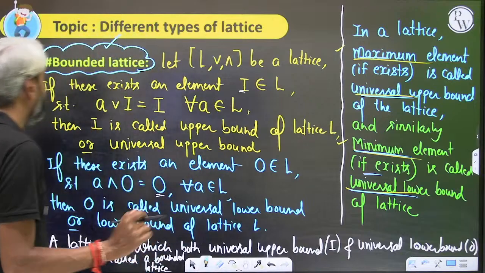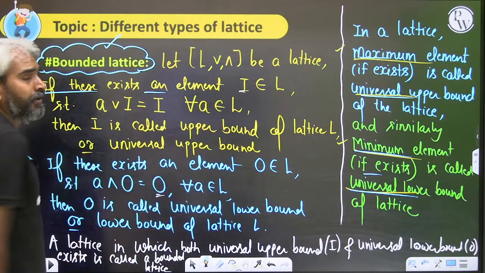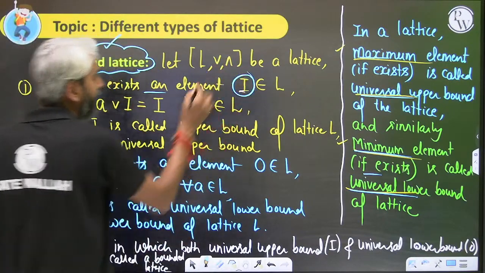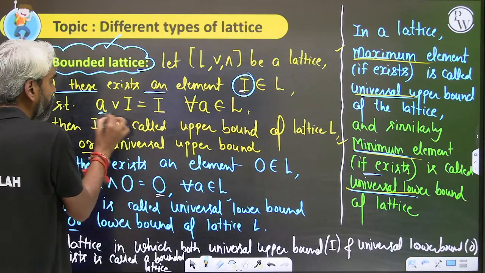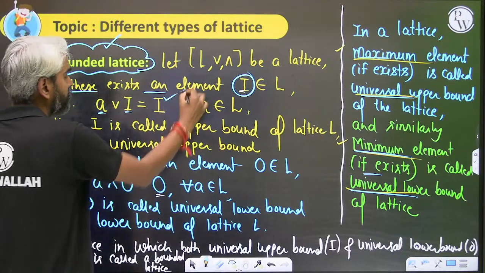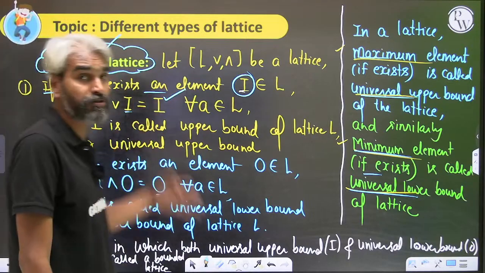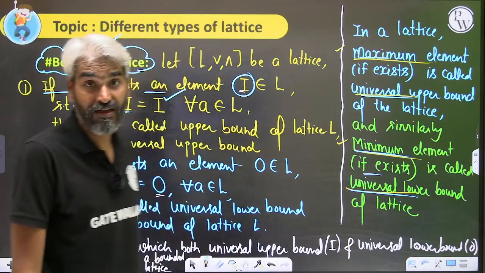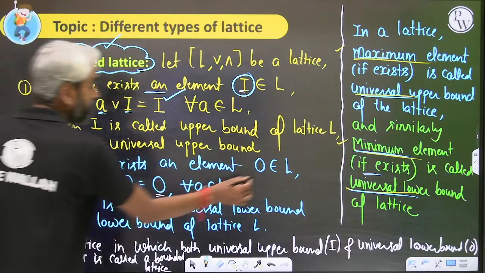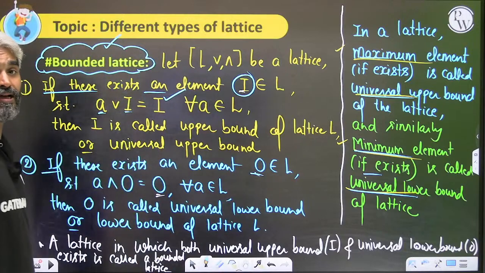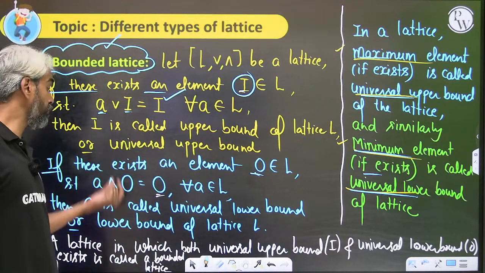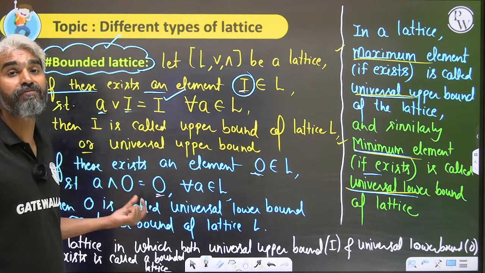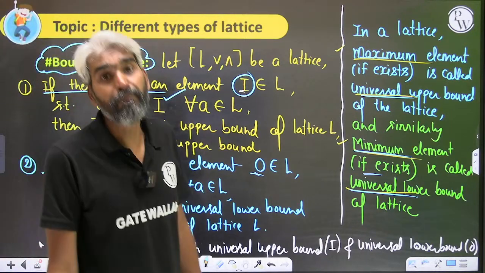The basic definition is that in your lattice L, if there exists an element I belonging to set L, such that if you take the least upper bound of any element of the lattice with I and it comes out as I only, then I is called the universal upper bound of the lattice. Similarly, if there exists an element O belonging to set L such that if you take the greatest lower bound of any element of the lattice with O and the result is O itself, then O is called the universal lower bound of the lattice.